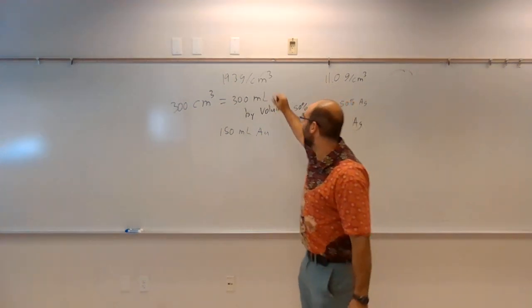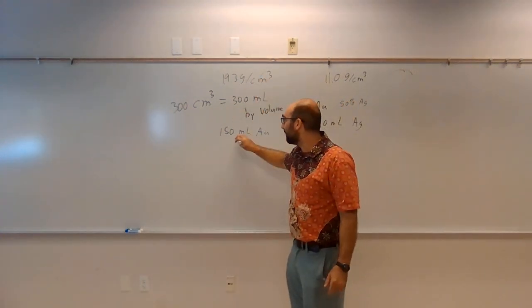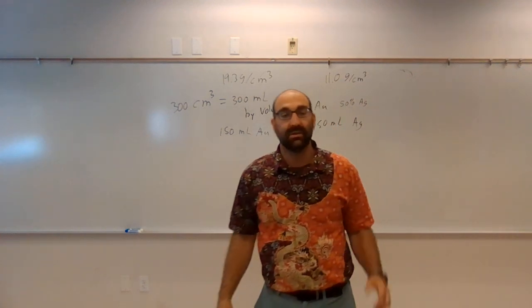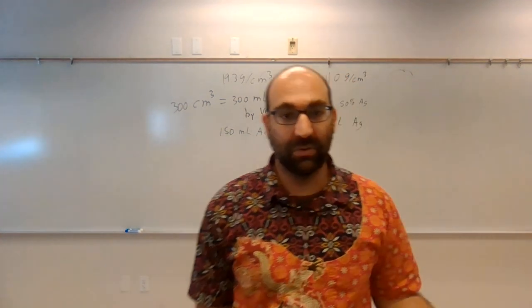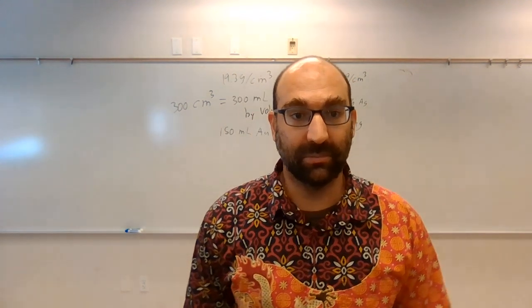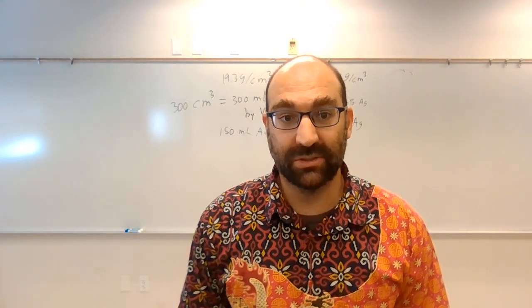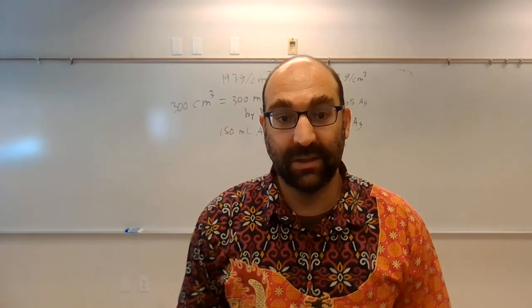So I have density and I have volume. So how many grams of gold and how many grams of silver are you going to buy? So take a minute, pause the video, work out this calculation, and see what number you get. And then together, we'll solve it. So I'm going to give you 5 seconds to pause here.